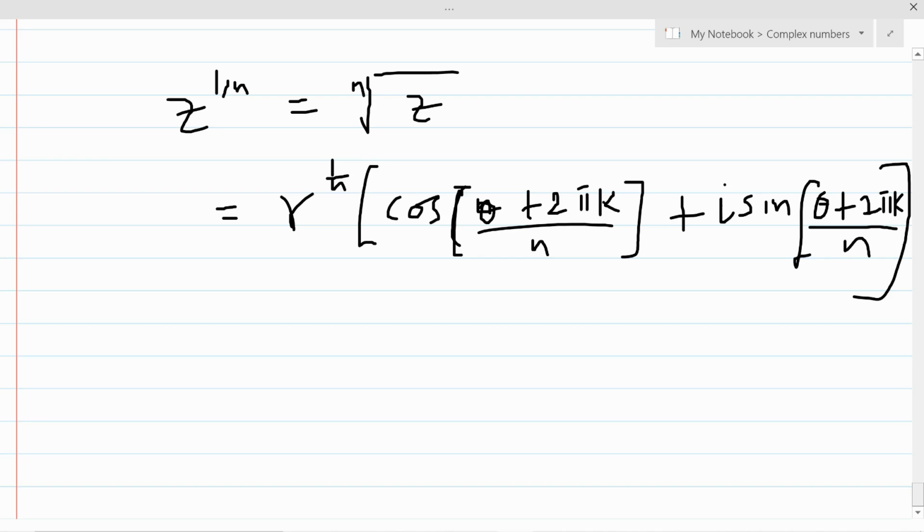Now, we are using 2 pi k because for cos and sine, the period is 2 pi.